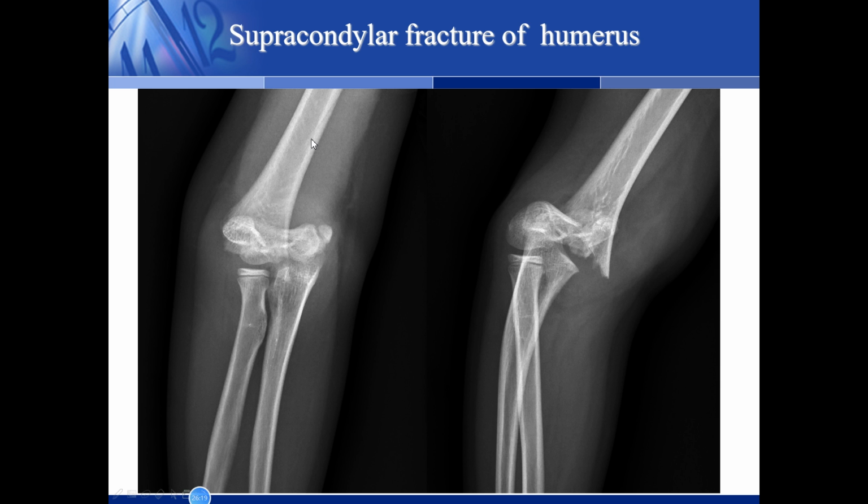Here is a film of supracondylar fracture of the humerus, and we could see that the distal part of the fragment may be displaced anteriorly, and this is the lateral view.